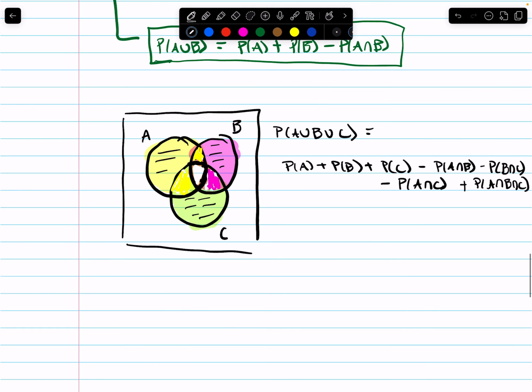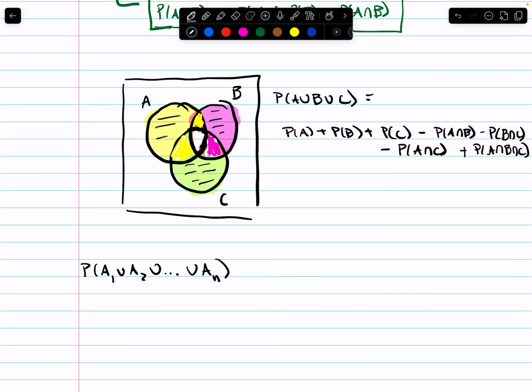And in fact, this is what is the case for the union of, we'll say A1 union A2 union all the way up to A sub n. If we want to find the probability of the union of n sets, and I know not whether they intersect or not, we're going to start by adding up all of the probabilities. So we'll write it in summation. So the sum of the probability of A sub i, i equals 1 up to n. So that's like A1, A2, A3.